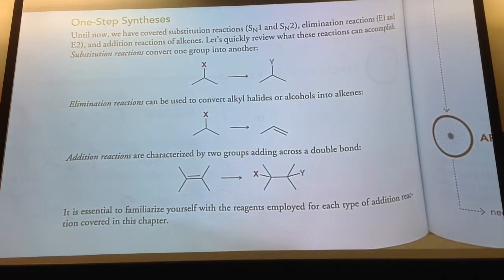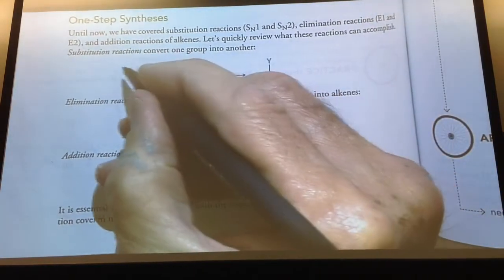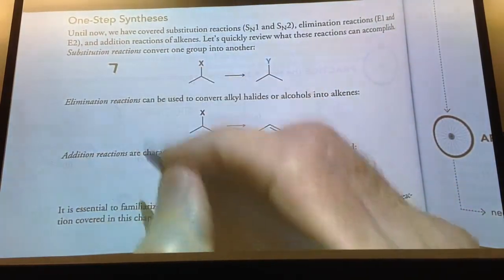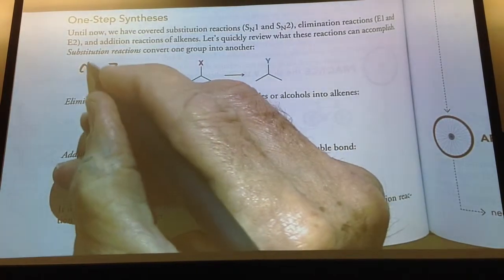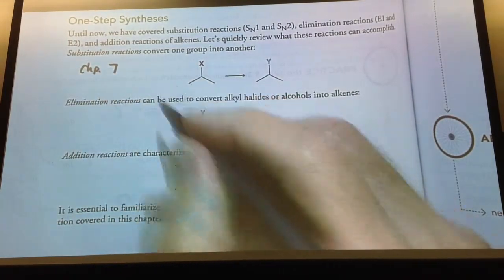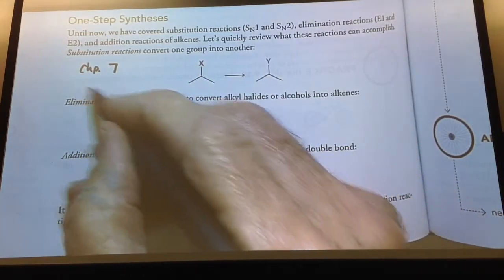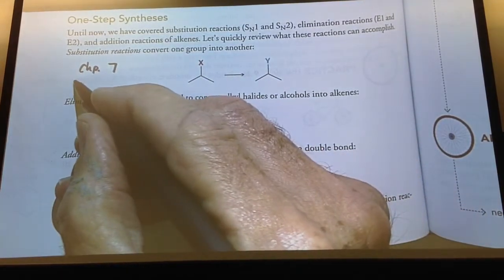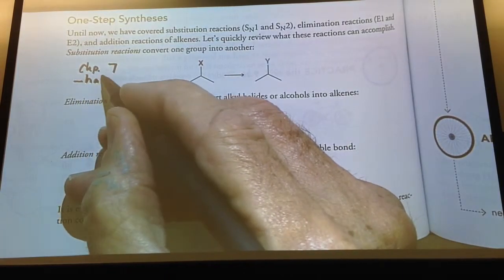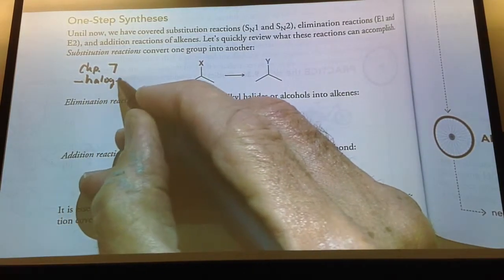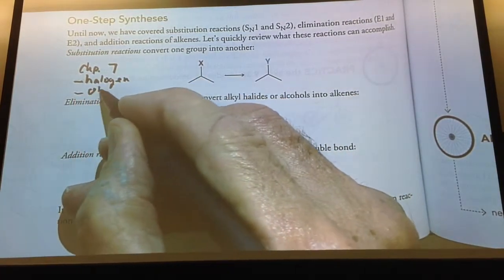This is chapter 7. And X, this X was a leaving group, so X was either a halogen or hydroxide.